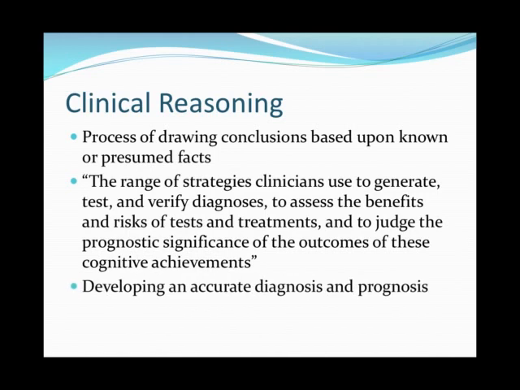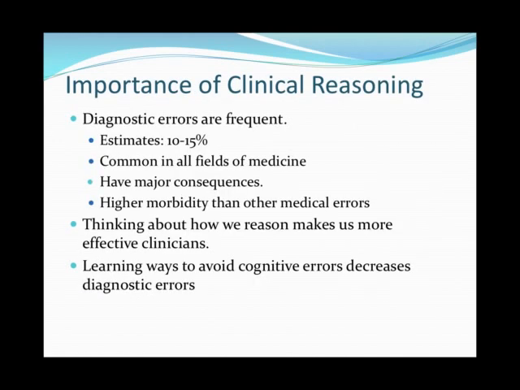Or just in general, I like this one: how does a doctor develop an accurate diagnosis and prognosis for a patient? Just in general, clinical reasoning is how we're thinking to arrive at the conclusions that we're making.